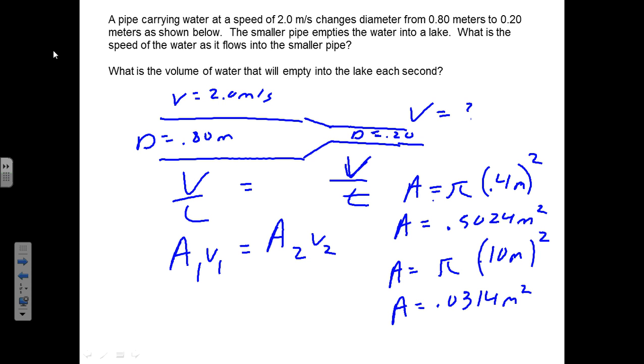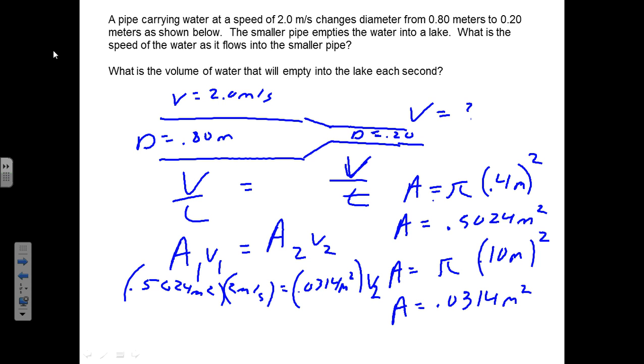Now we can solve for velocity. In the larger pipe, the area was 0.5024 meters squared. The velocity of the fluid was 2 meters per second. In the more narrow pipe, the area was 0.0314 meters squared, and we're trying to solve for v.